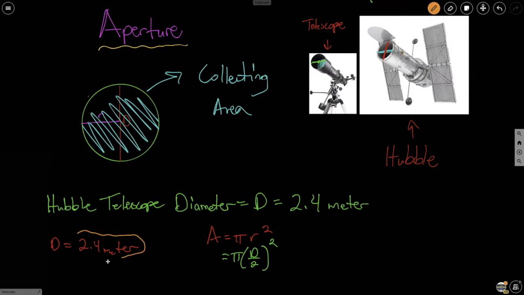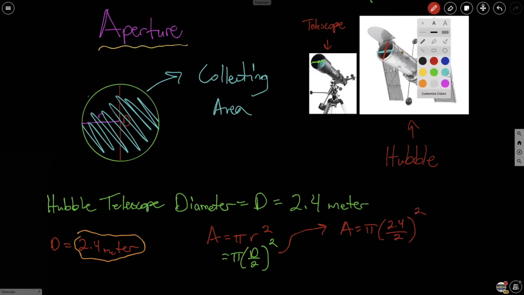Now we're going to plug and chug and put our numbers into our equation. So we have this new equation, which is area equals pi times the quantity of diameter, which is 2.4, divided by 2, squared.